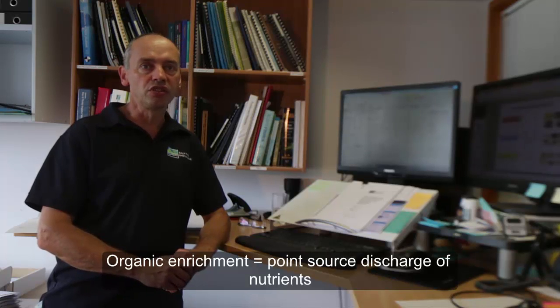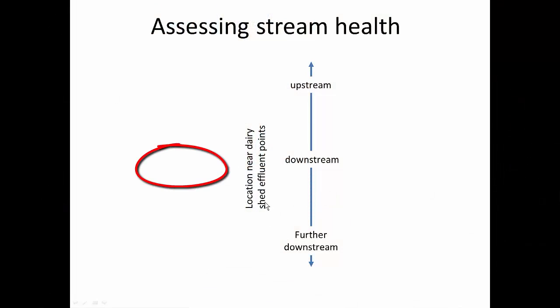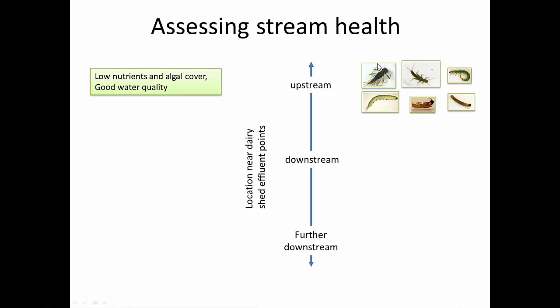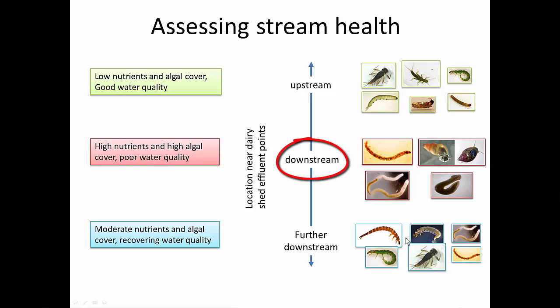Now, this index was developed by the ecologist John Stark in the late 1980s when he sampled invertebrates above and below dairy shed effluent. And as you can see from this representation here, he noticed that some taxa were found only above the dairy shed effluent, but not below, whereas other taxa, as you can see down here, were found only below the dairy shed effluent and not above.